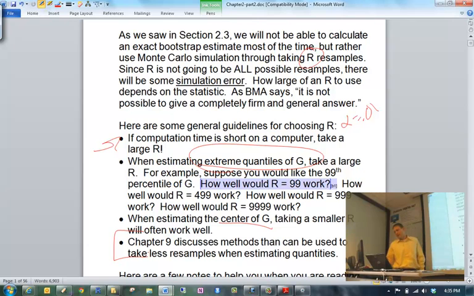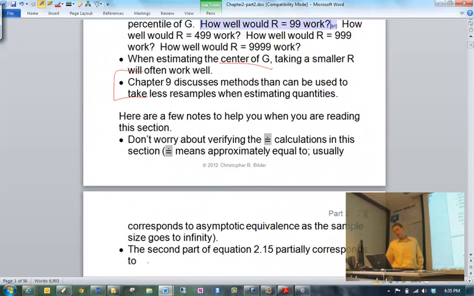Chapter 9, and I hope to do this. I have never done this section in this course before, so I hope to do this. And that is, Chapter 9 talks about ways that you can get away from taking a large number of resamples but still have good accuracy. Now you might be thinking, I just told you, well, just take a larger R because you have faster computers.